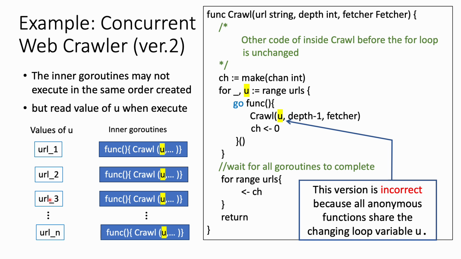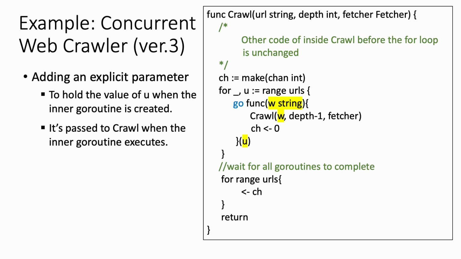And when u receives value URL3, the third inner goroutine is created and executes right away. And at that time, the first inner goroutine also starts executing. Then both the first and the third inner goroutine could use the same value URL3 of u. As a result, they fetch the same URL twice.